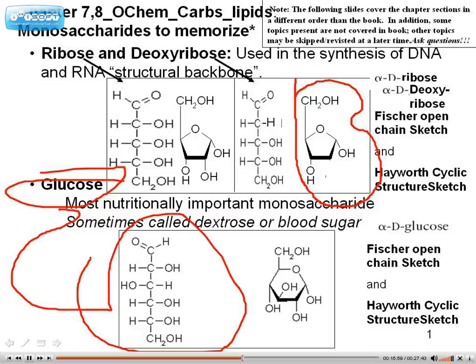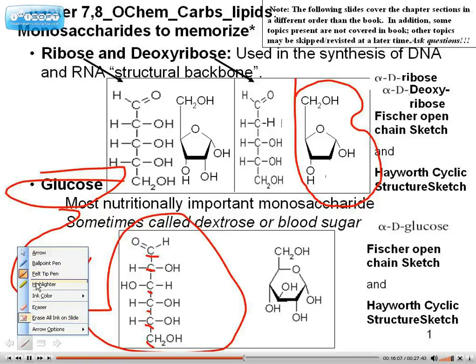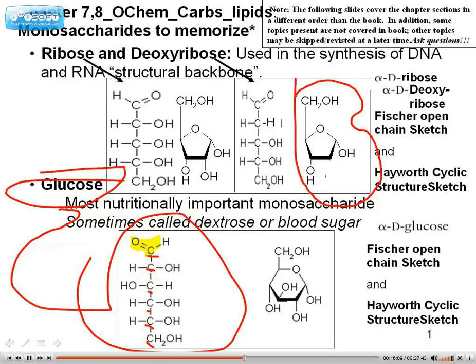Here is glucose. Glucose has 6 carbons. Notice the pattern for these. Notice it begins with an aldehyde and it ends with an alcohol. Also notice, if I highlight over here, this is alpha D-glucose.